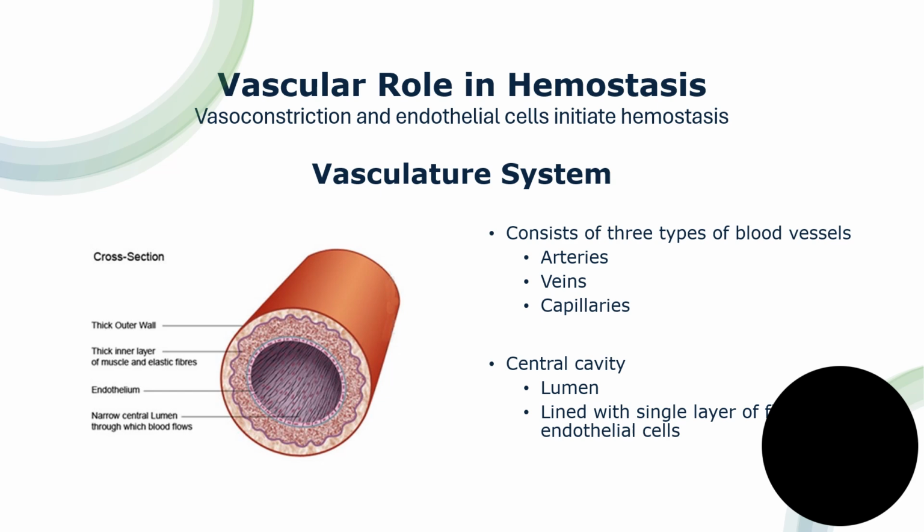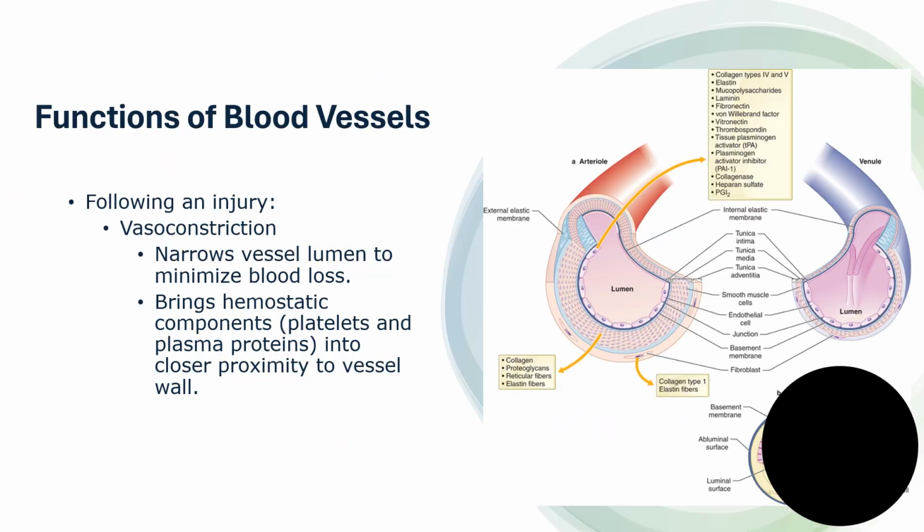Capillaries are the smallest blood vessels where the exchange of gases, nutrients, and waste products occurs between the blood and the tissues. They consist of a single layer of endothelial cells, and they allow easy diffusion of substances between blood and tissues. During an injury, blood vessels undergo a series of protective responses to prevent excessive bleeding and promote healing. Immediately after injury, blood vessels constrict, called vasoconstriction, to reduce blood flow and limit blood loss.